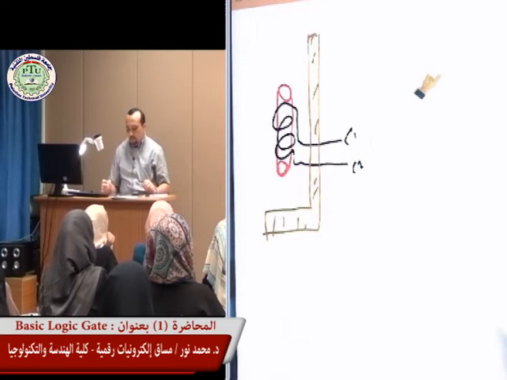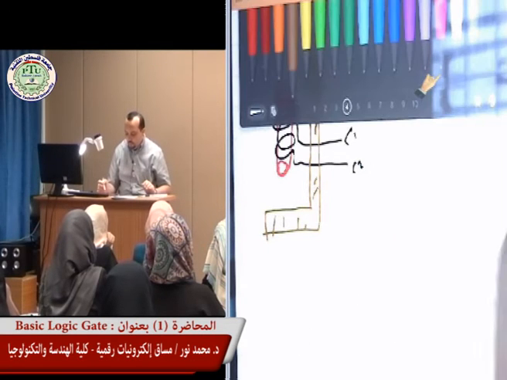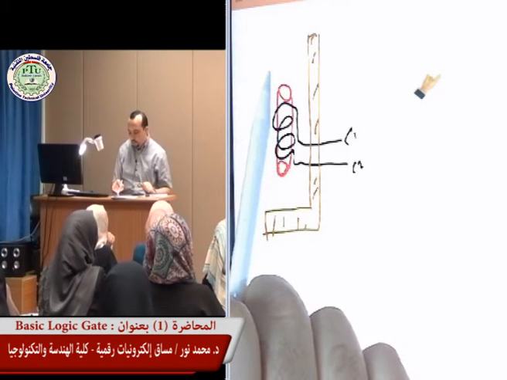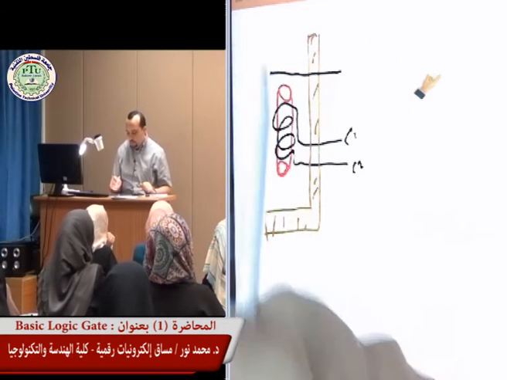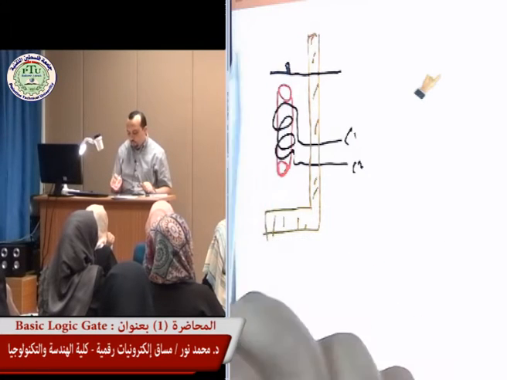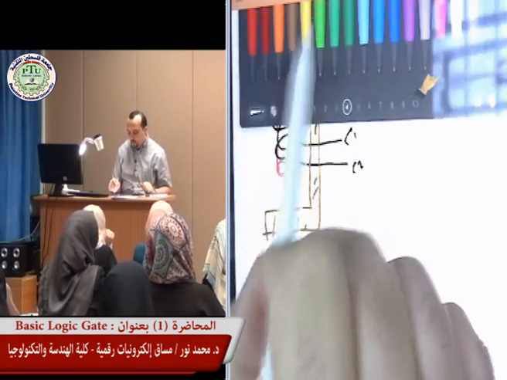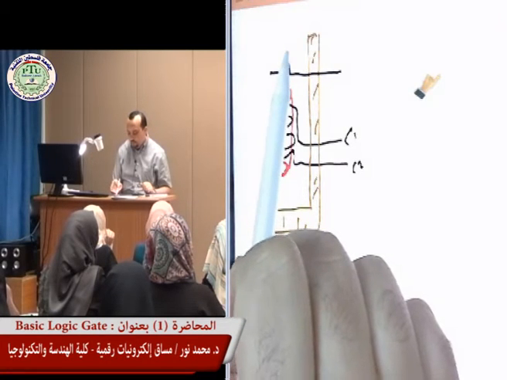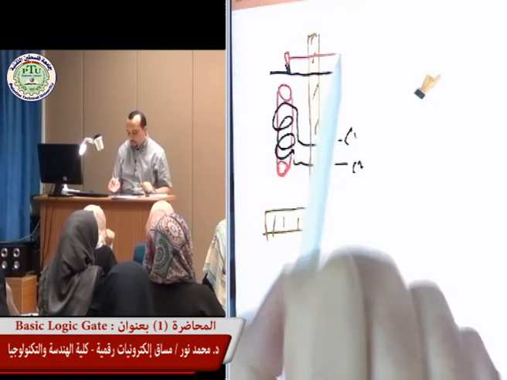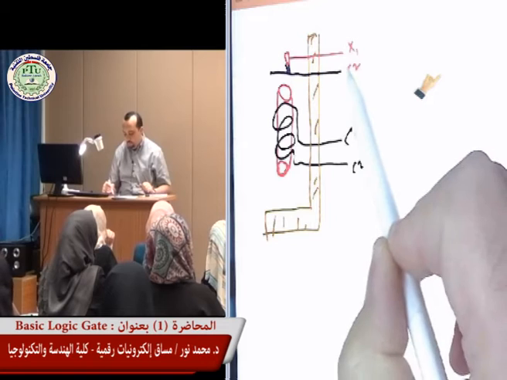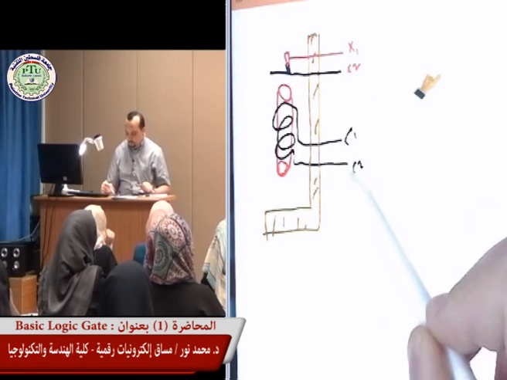Now here are the contact points, where we have this one, and here is the contact point, and we have the other one at the top. Let's have a different color. So we have X1, X2.